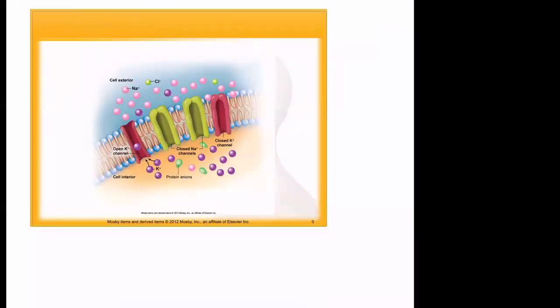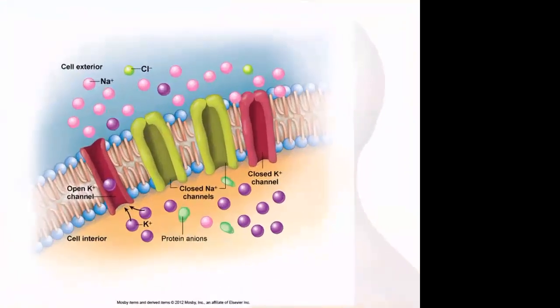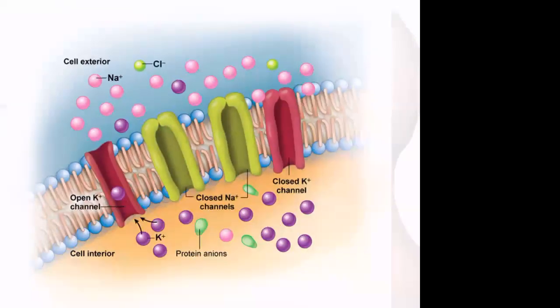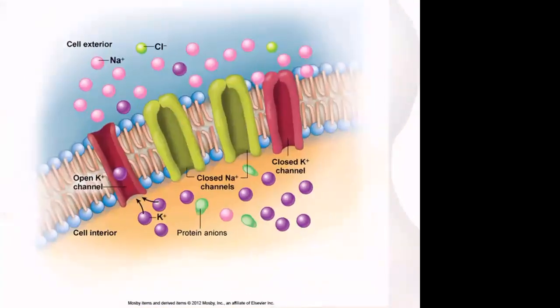And here you can see these different ion channels. And unfortunately, they've chosen colors that were relatively close together with purple and pink. You can see how there's a lot of sodium on the outside of the cell exterior. This is the outside, and this is the inside. And the cell membrane with the bilipid membrane, you can see these channels that go all the way through.